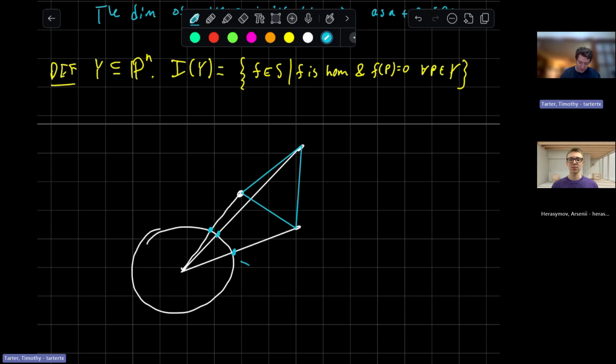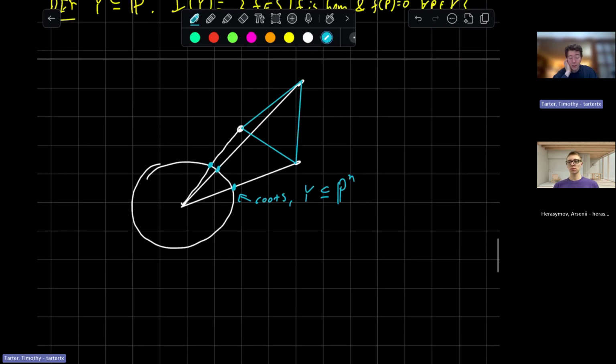But if we consider these to be roots, with Y some subset, not of S, sorry, of Pn, really in P2. Let me clarify that, right?